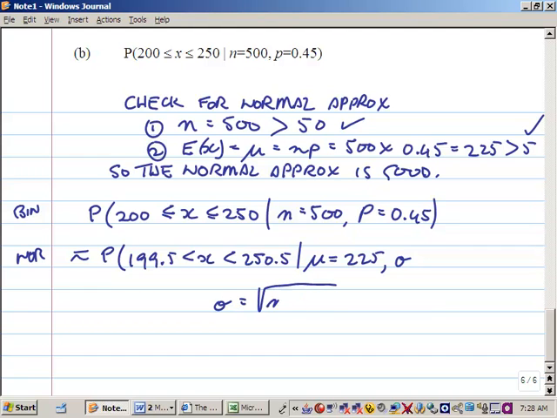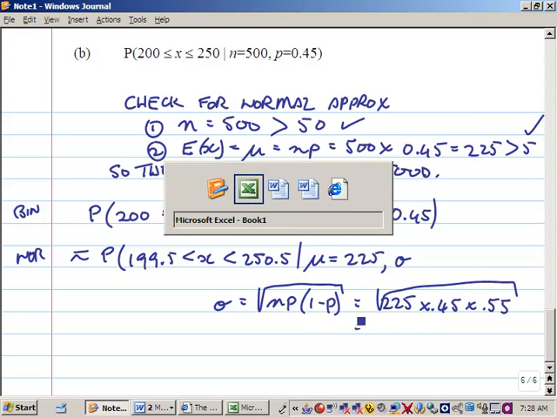Standard deviation formula, square root of np times 1 minus p, okay, which is 225 times p of 0.45 times 1 minus p, 0.55. Don't forget the square root.